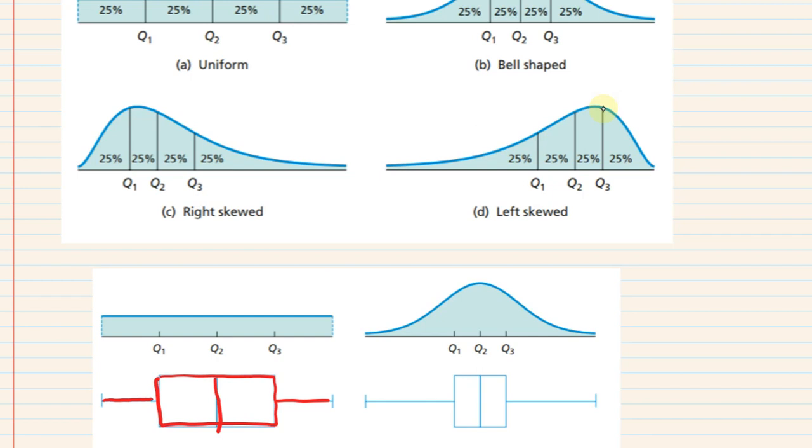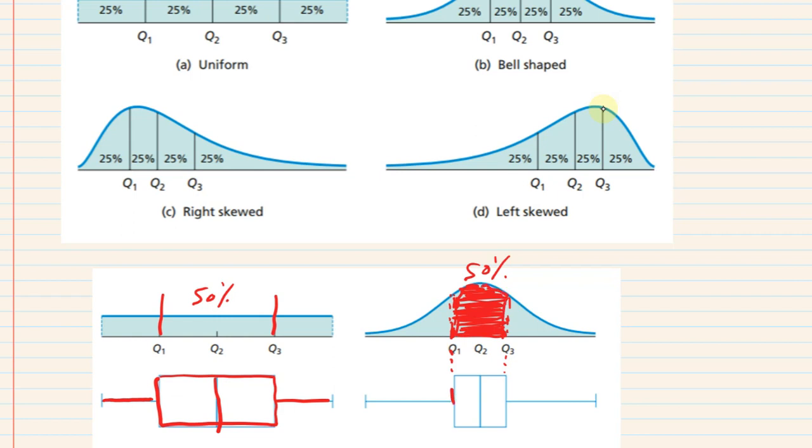For a normal distribution, right in here you see how the 50% is concentrated in a smaller area, as opposed to the other 50%. So you have 50% attained in a shorter range, from here to here.